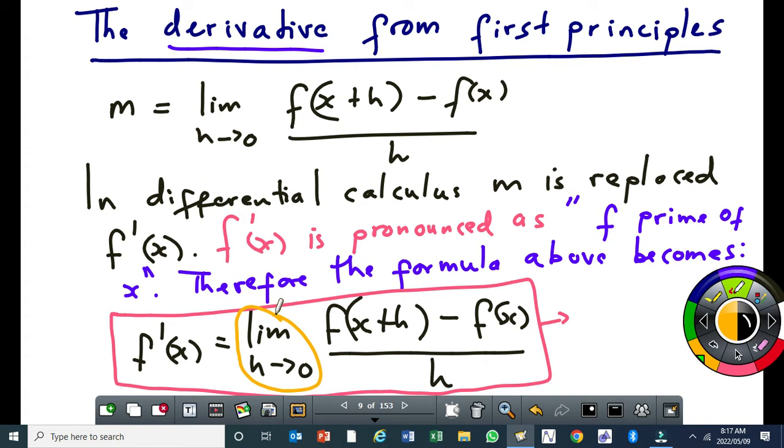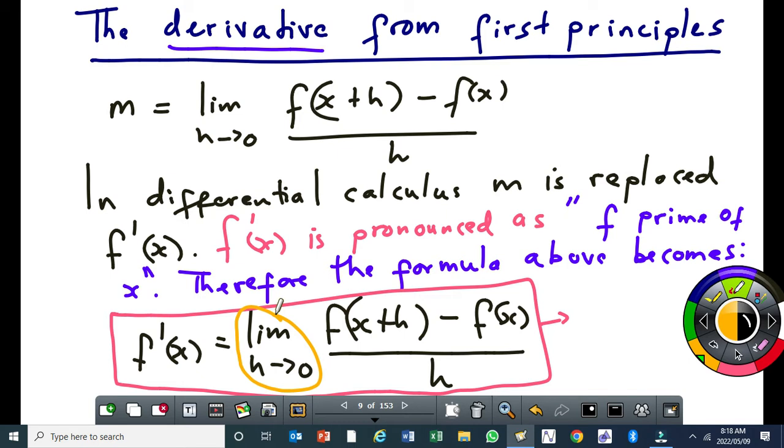It is always written on the right-hand side next to that fraction. If you write it on the left-hand side, maybe by mistake, it means that you have written the formula incorrectly and you deserve a 0 if there is a mark for the formula. So this is how you are supposed to write it.